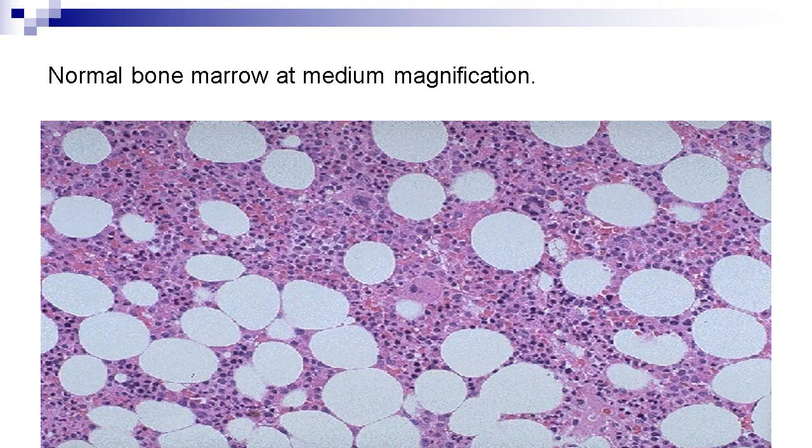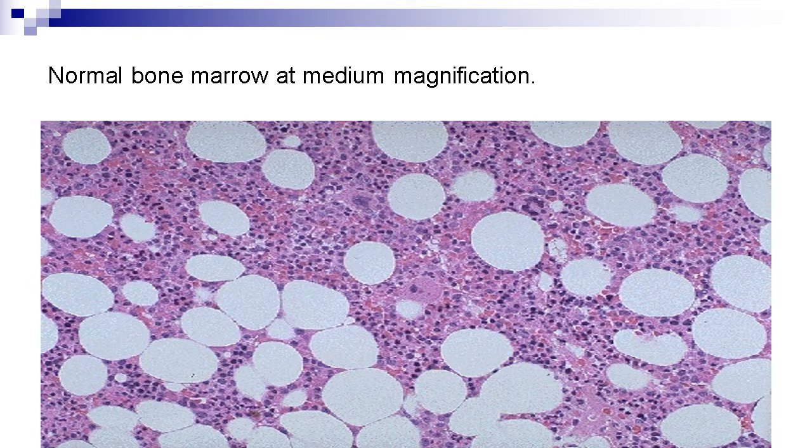This photo shows a normal bone marrow aspiration at medium magnification. The white globules are the fatty cells, and those cells in the background are the cellular component of the different progenitor cells.